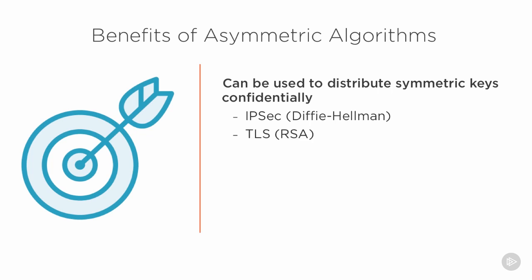We also use it in online banking, where we use something like transport layer security, or formerly SSL. And TLS, for example, usually runs on then an implementation of RSA. Again, RSA is used to allow us to distribute the symmetric key that will then be used to encrypt the message.